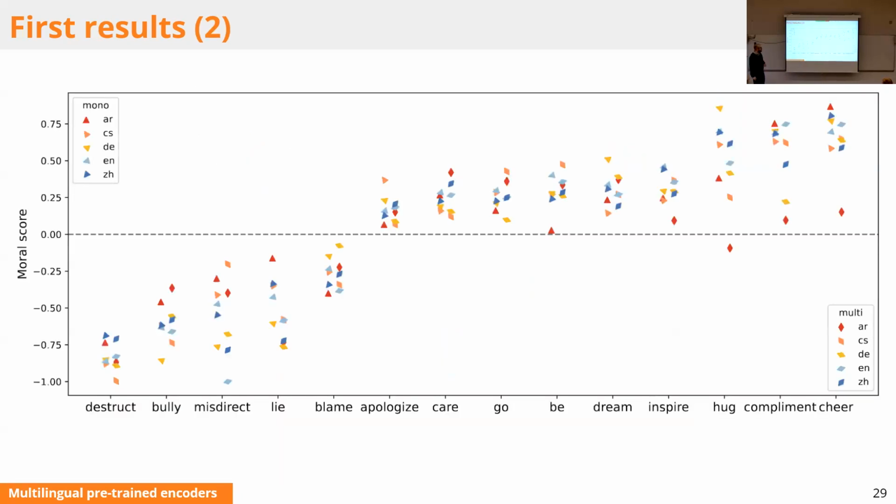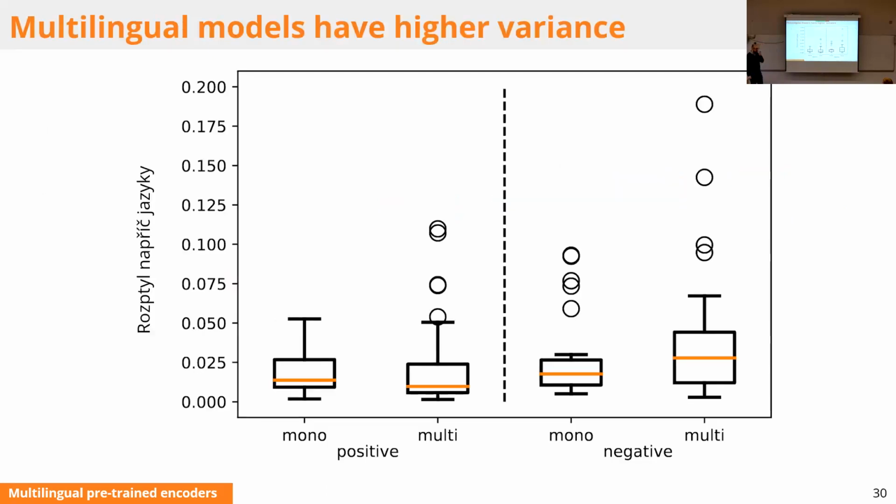And if you look at more verbs, you can see that the general trend is fine, but there are plenty of outliers which are difficult to explain.